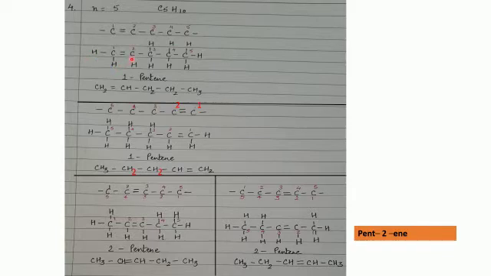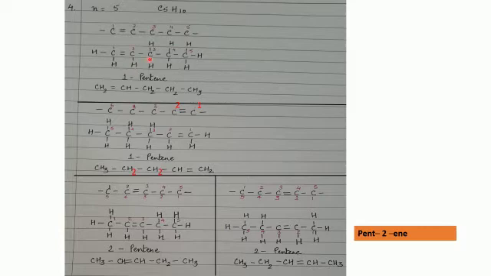Coming to carbon atom number 2, it is forming a double bond here, so it has 4 electrons here. It is also forming a single bond with this carbon, so it has 2 electrons here. So total becomes 6, and so it needs only 2. So it will form one single bond with one hydrogen atom.